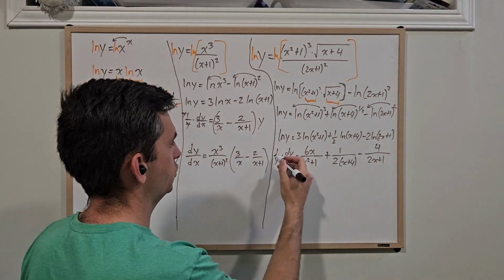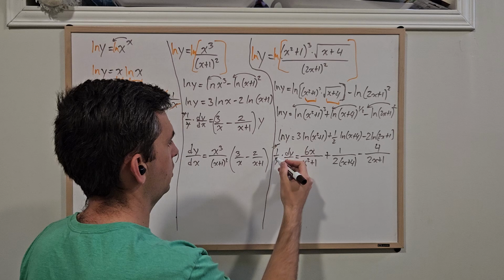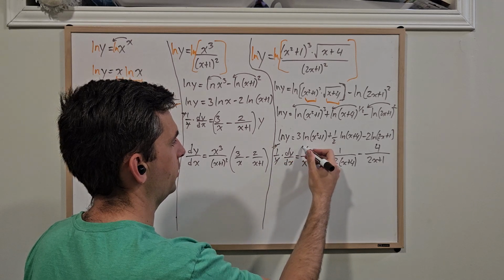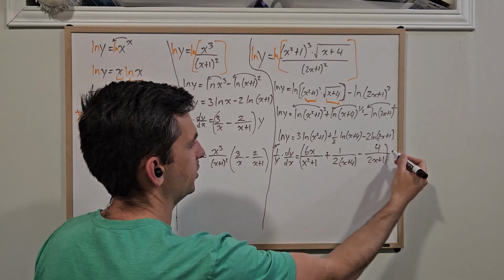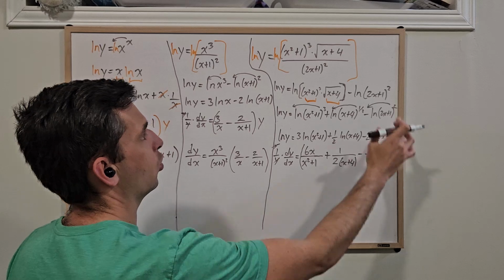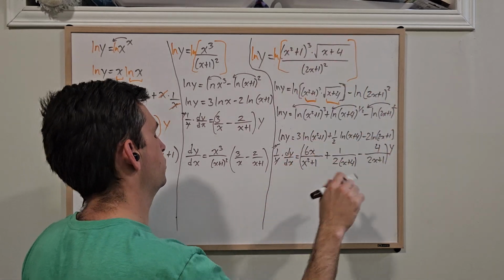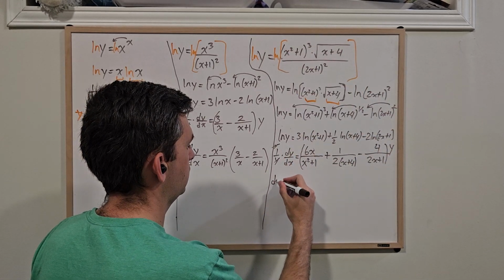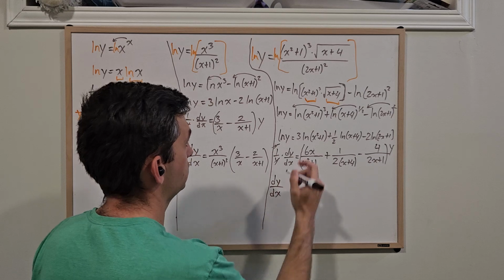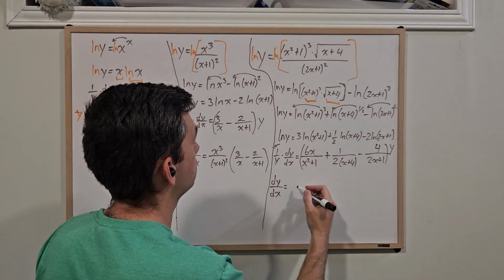So my y's here are going to disappear, and then this is going to be multiplied by y, but our y is this whole thing. So I'm going to replace it, okay? I'm going to write that top function out first.